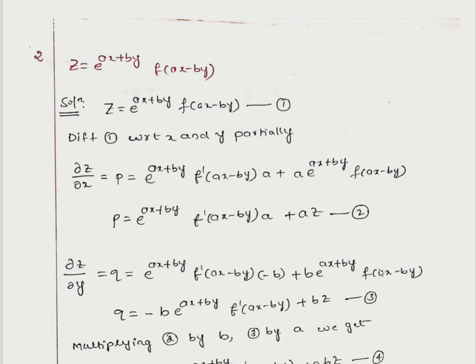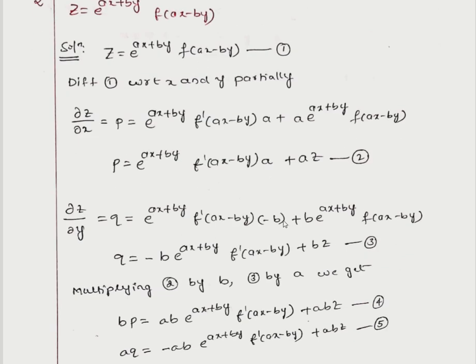F of x minus by, second function into differentiation of first with respect to y. What is the differentiation of e power x plus by? Again here with respect to y, write the coefficient of y. What is the coefficient of y? It is b into e power x plus by.